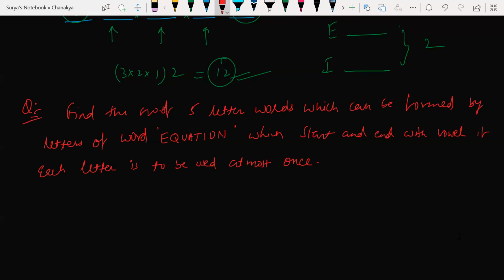At most once is nothing but what? 1 or less than 1. It can be used a maximum of one time. It can't be used more than one time. We can use a letter at most once, not more than that. Okay?